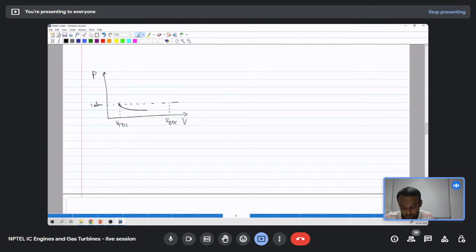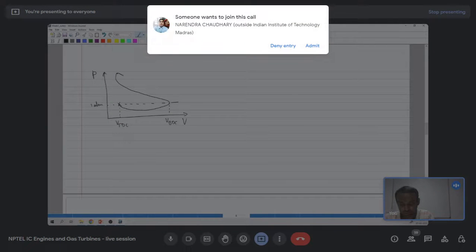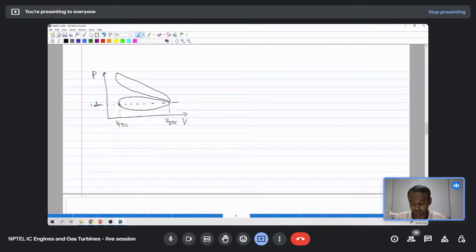The pressure will be low during the suction stroke, and after attaining BDC the intake valve is closed and it starts compressing, the pressure starts rising, and somewhere here we will have the spark and start to combust. So the pressure and temperature will rise further, and then the piston will go down, reducing the pressure, and at this point the exhaust stroke starts, and there will be a slightly higher pressure. I think this is much exaggerated. During the exhaust stroke, the pressure will be a little higher than the atmosphere.